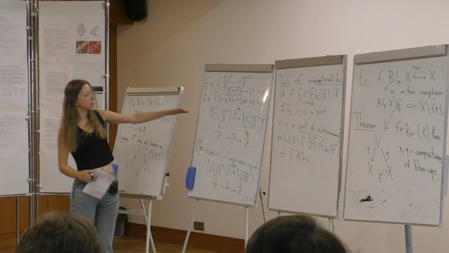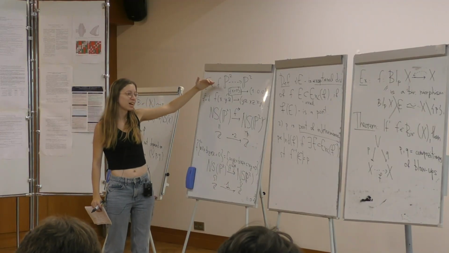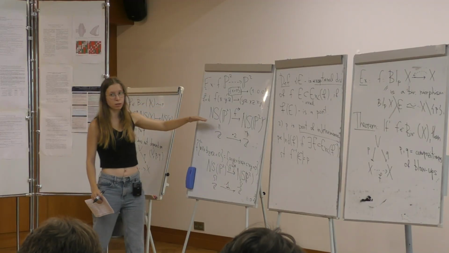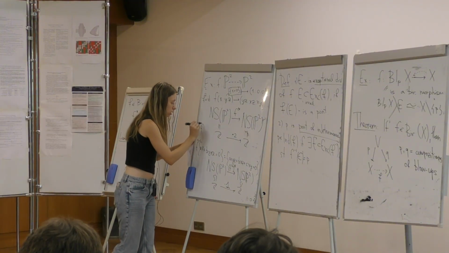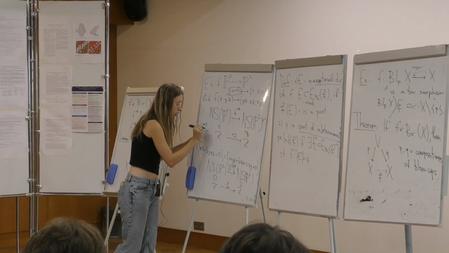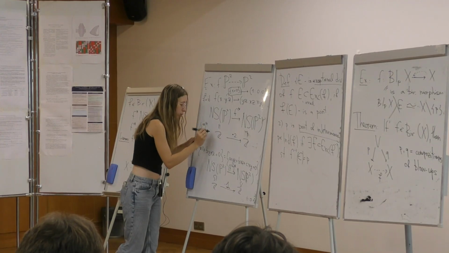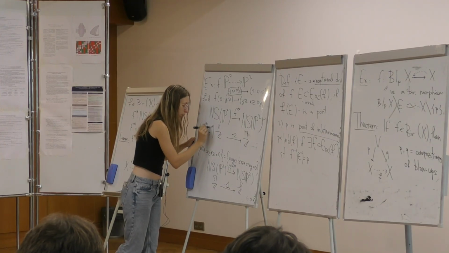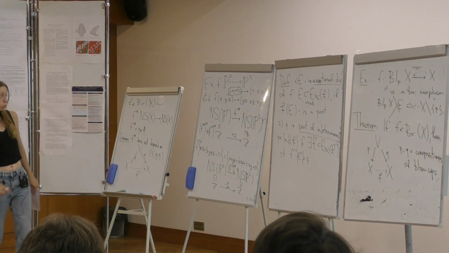So you can see that f has no action on the Néron-Severi group. We just don't have the property that the pullback of f squared, and also of any power n, is equal to the pullback of f to the power n. So this is a problem.